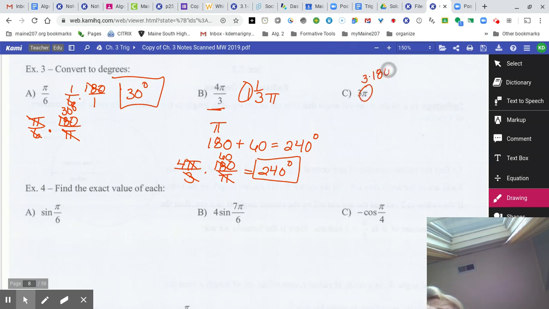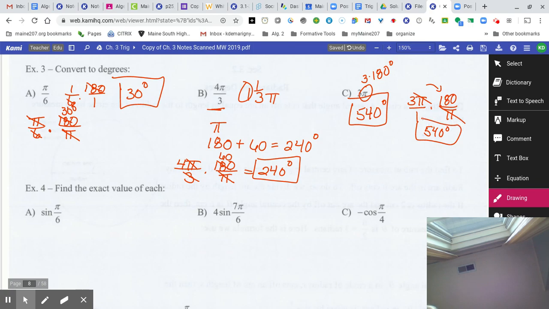So 3 times 180 degrees would tell me that you are at 540 degrees. Well, yeah, we could do it this way: 3 pi over 1 times 180 over pi. My pi's will go out, and 3 times 180 is where I get the 540. Not something I would have thought of very frequently, but that's how that one's going to work for us.